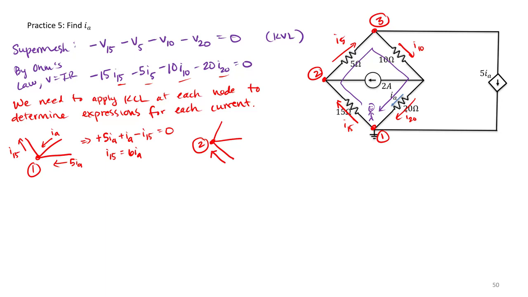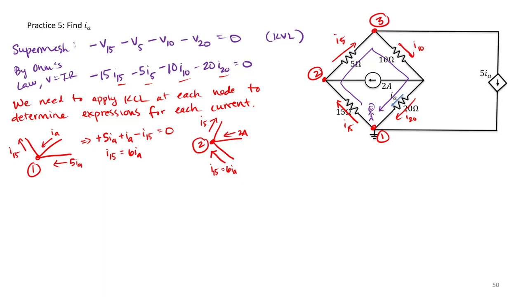Notice entering node 2 from below, I have I15, which I found to be 6IA. I have 2 amps entering from the right due to my independent source. And I have I5 exiting and entering that 5 ohm resistor.